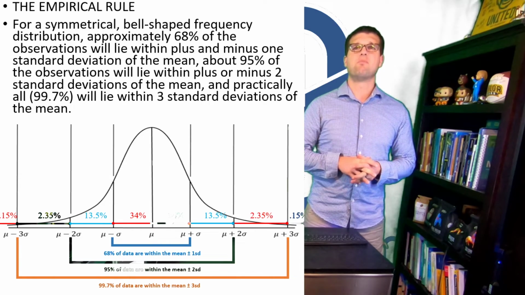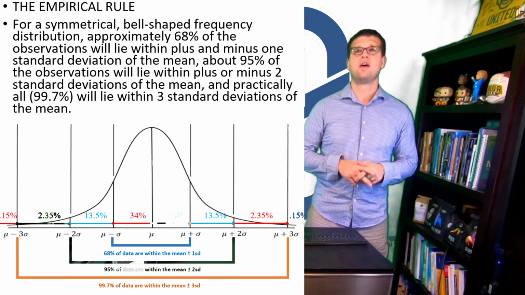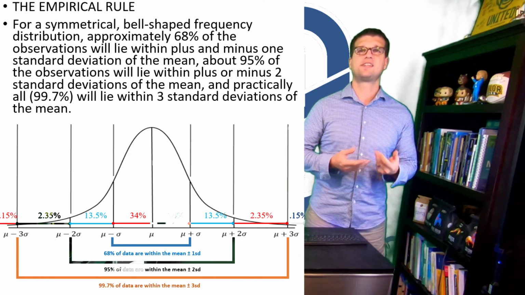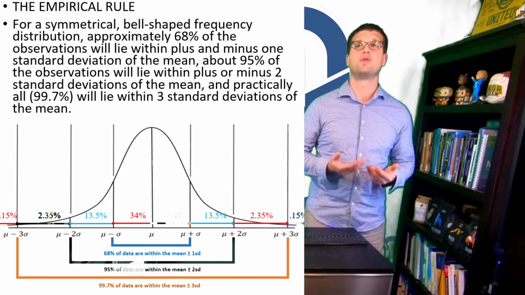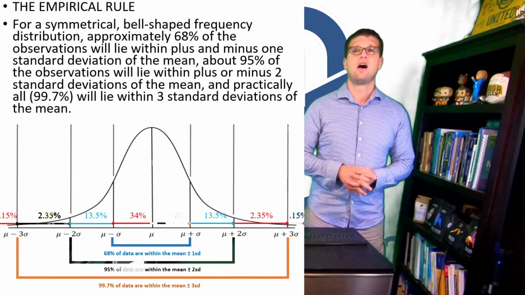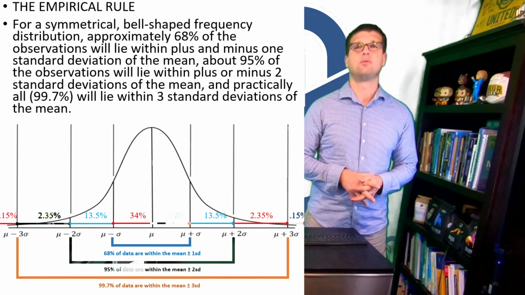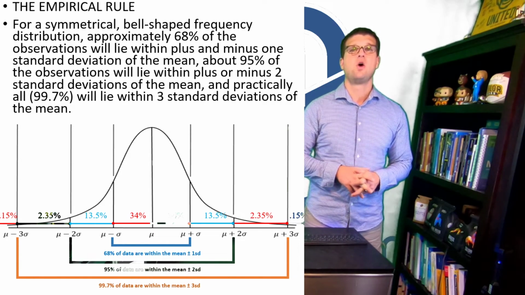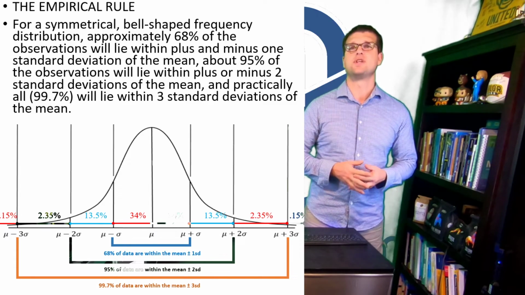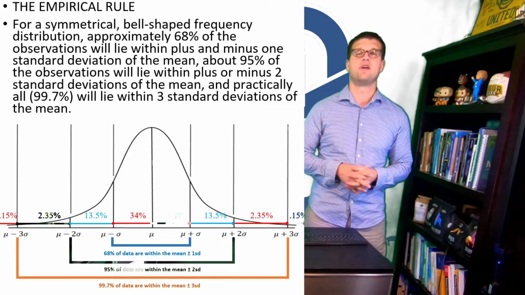When you've got a symmetric bell-shaped distribution, the empirical rule says that 68% of the data is going to be within one standard deviation of the mean, 95% within two standard deviations, and 99.7% within three standard deviations.